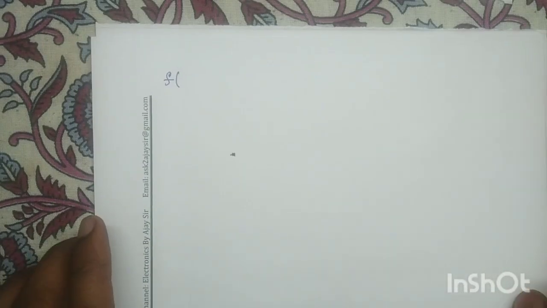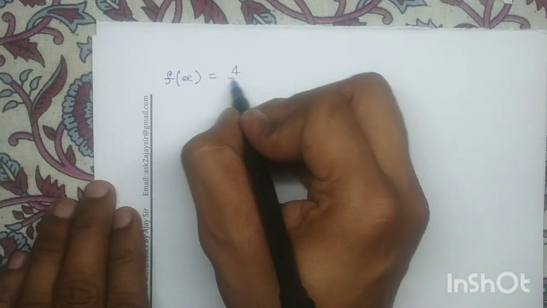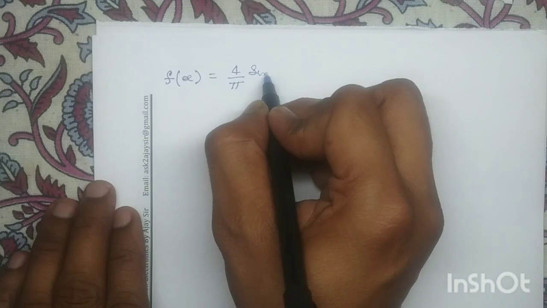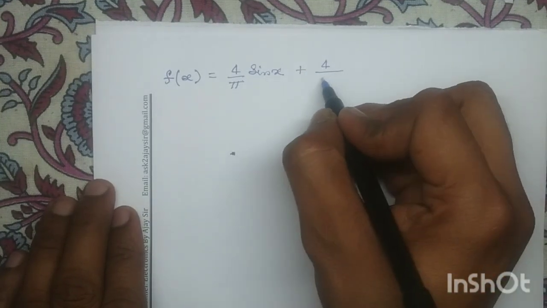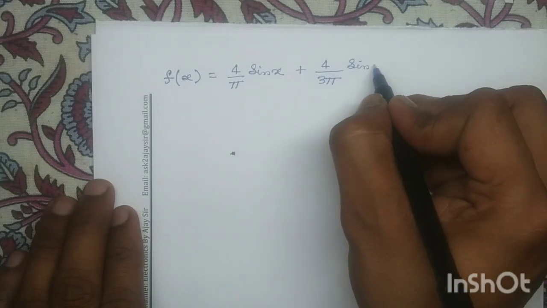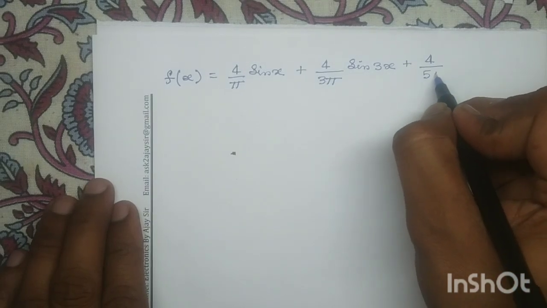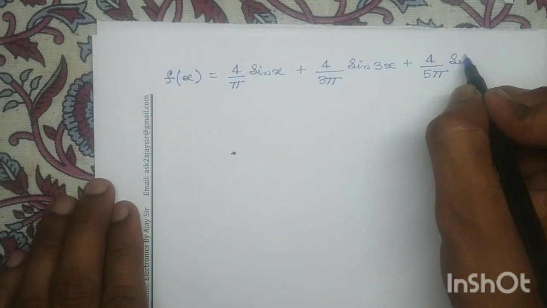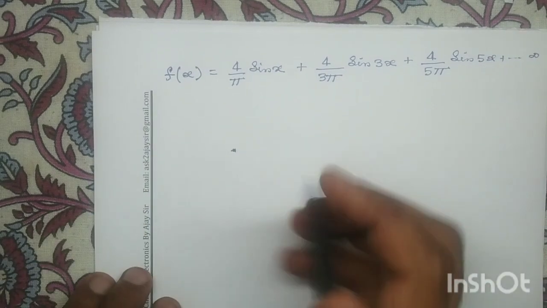On further simplification, this expression reduces to 4 by pi into sine x plus 4 by 3 pi into sine 3x plus 4 by 5 pi into sine 5x, up to infinite number of terms.